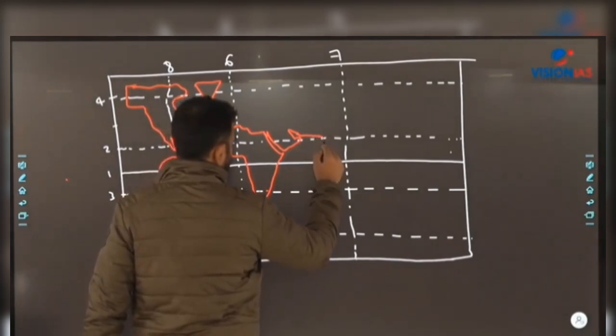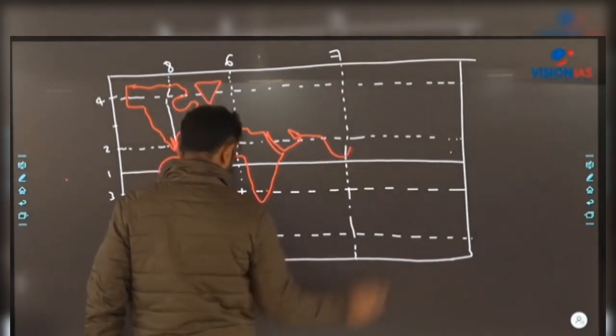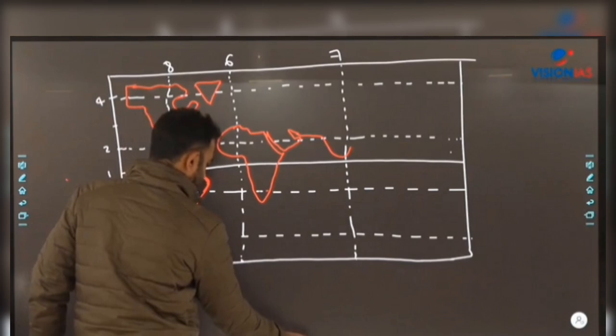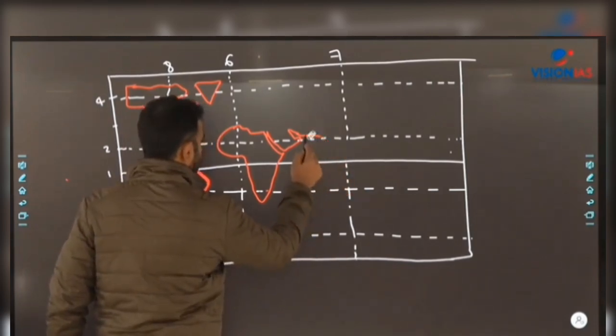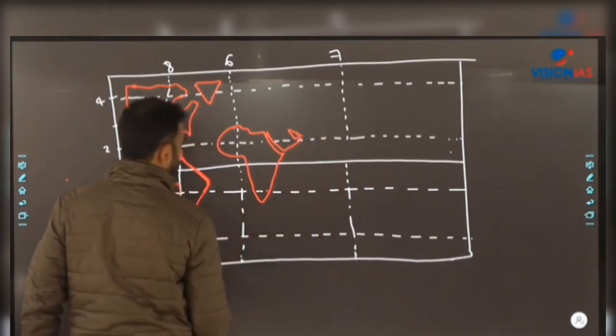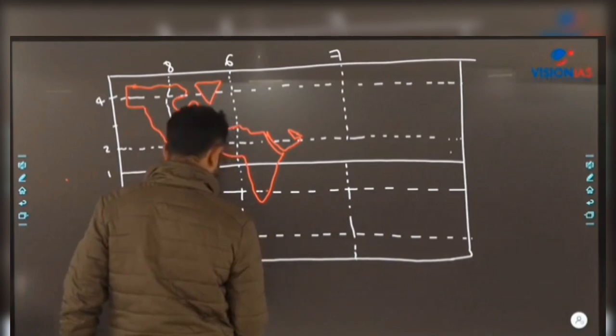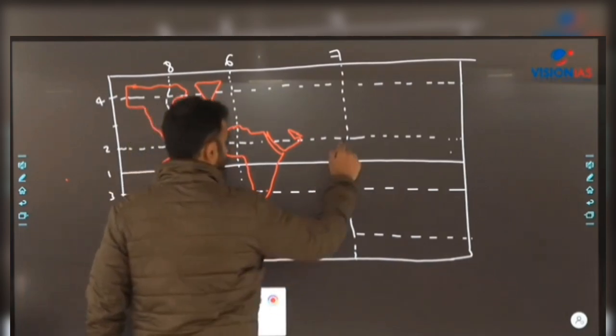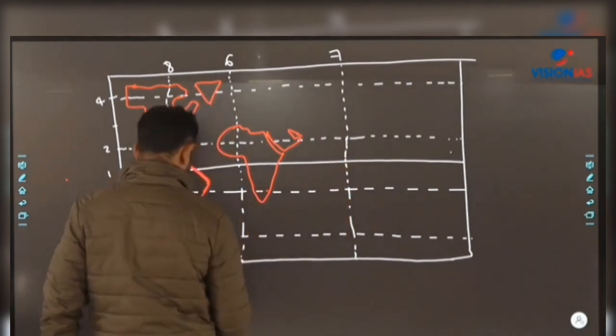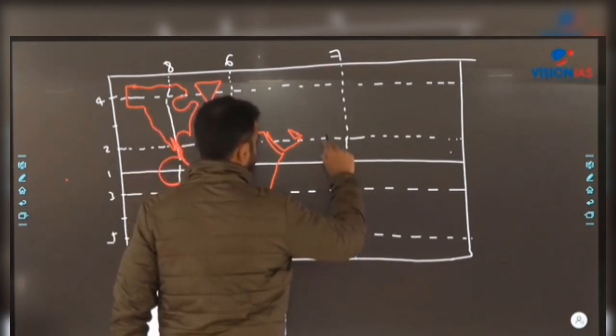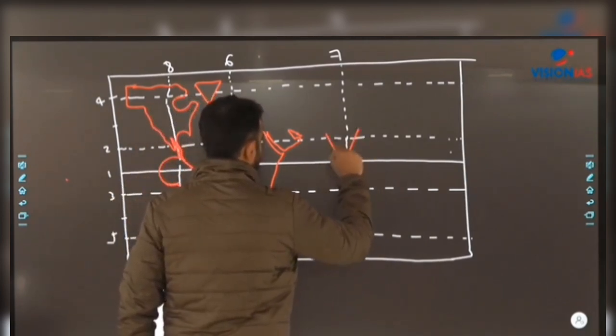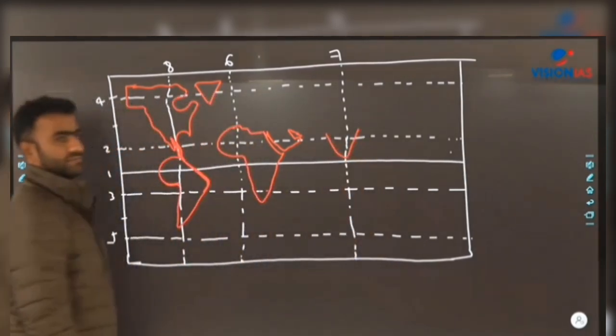Then here comes our India. Keep it a little like this, so this part, this plus, try to bring India here, but without touching the equator.